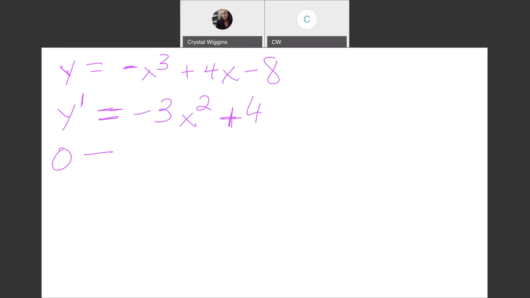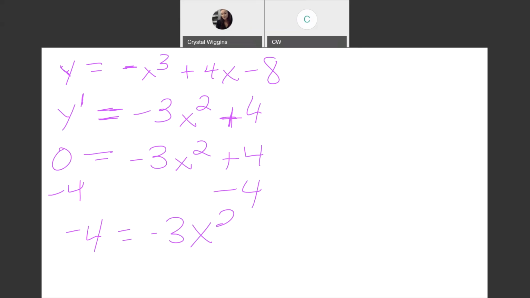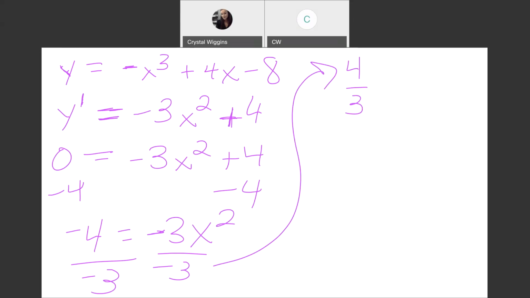So we have 0 equals negative 3x squared plus 4. Subtract 4 on both sides, so we have negative 4 equals negative 3x squared. Divide by negative 3, so the negatives go away. I'm just going to keep this in fraction form, so I have 4/3 equals x squared.